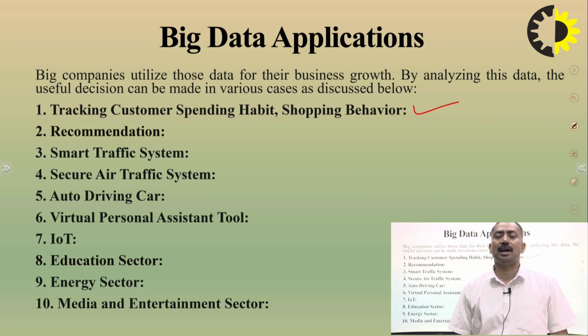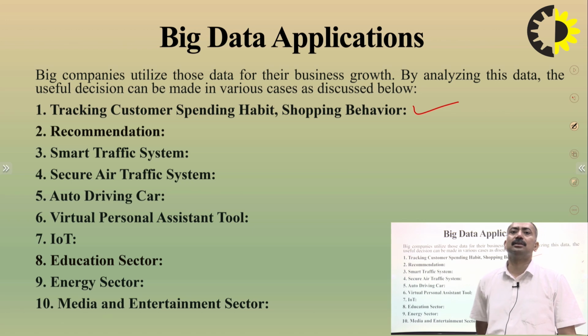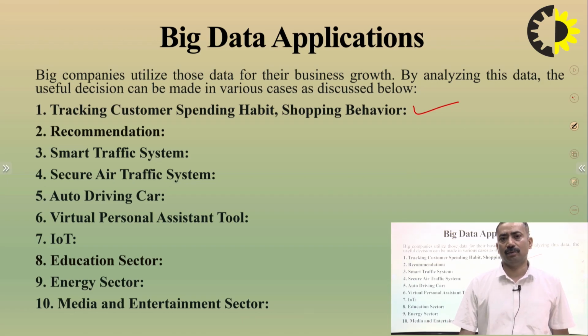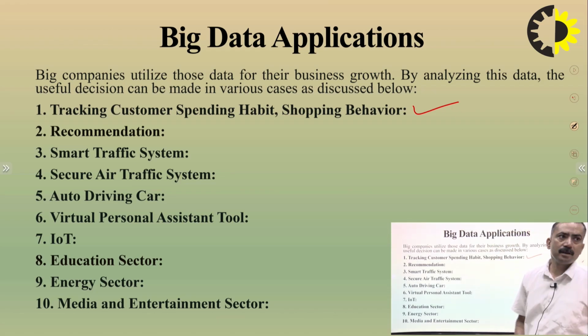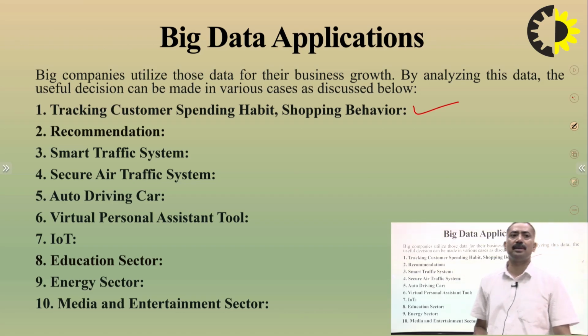These products are kept together because they sell together, and discounts are offered if we club products together, so the customer easily spends more if they get an offer on these products. So tracking customer spending habits and shopping behavior is an application of big data.